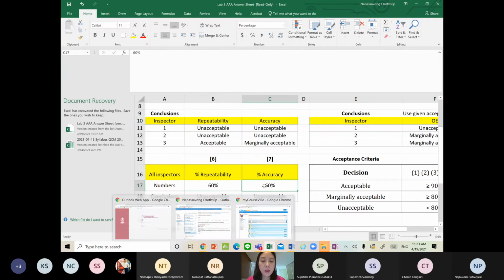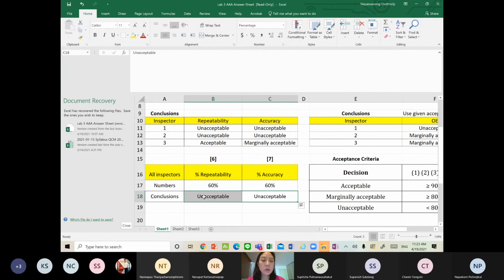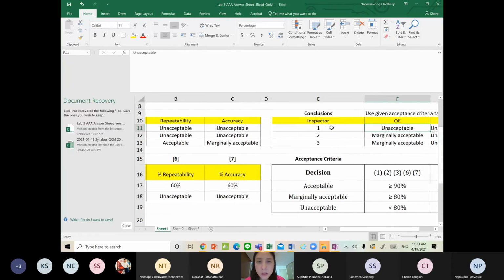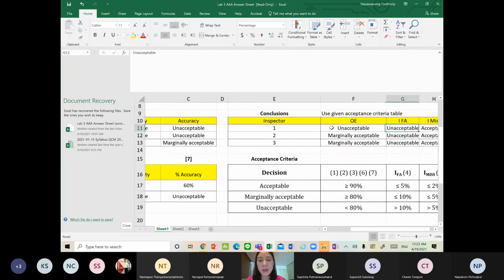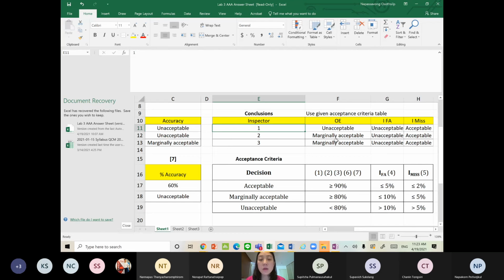So we have to find out whether the problem is for all operators or for some operators. If we look at each operator in terms of accuracy, which is percent OE, we will say that the accuracy of inspector 1 is unacceptable, whereas it's marginally acceptable for inspectors 2 and 3.